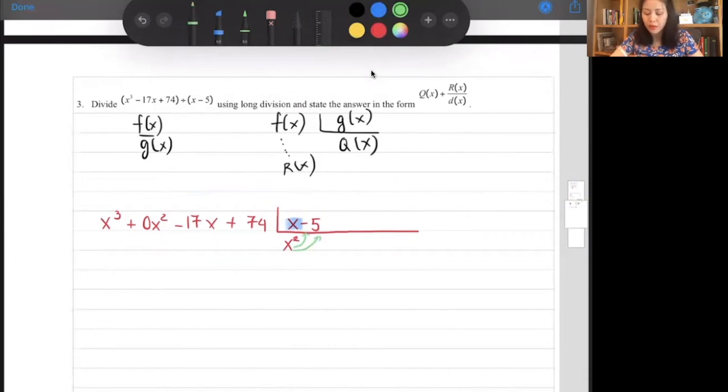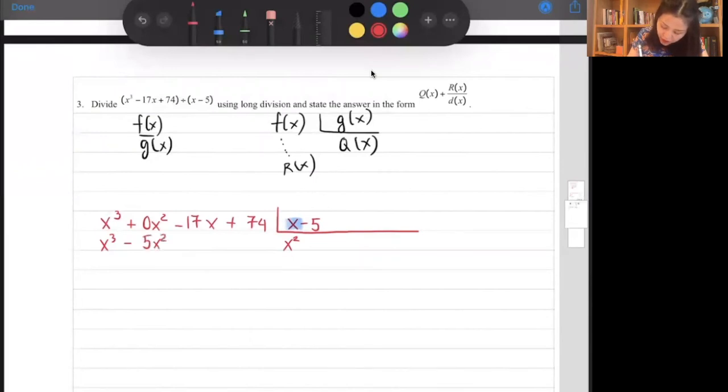Okay, I'm gonna multiply x squared by x and multiply x squared by -5. So x squared times x is x cubed. X squared times -5 is minus 5x squared.